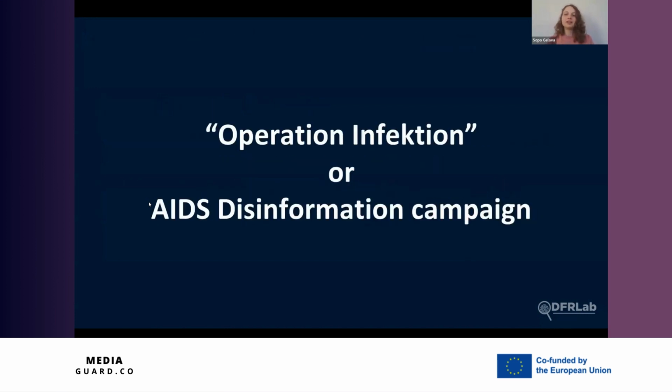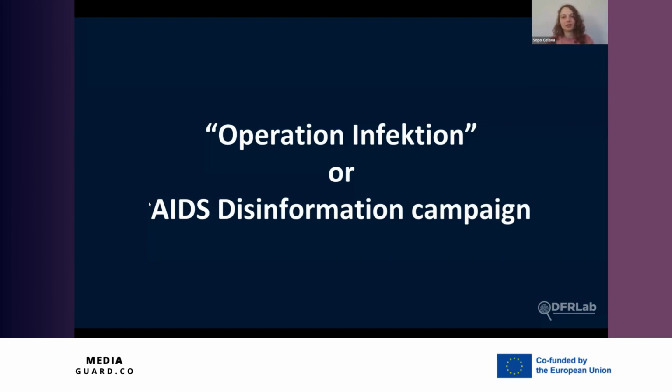Now let's go back to history a bit and discuss one historical case. I'm sure some of you have already heard about this disinformation campaign, but it's a very famous case study and a very nice one to compare disinformation campaigns during the Soviet Union and today, and what the heritage of Soviet disinformation campaigns is and what changed in modern info ops.